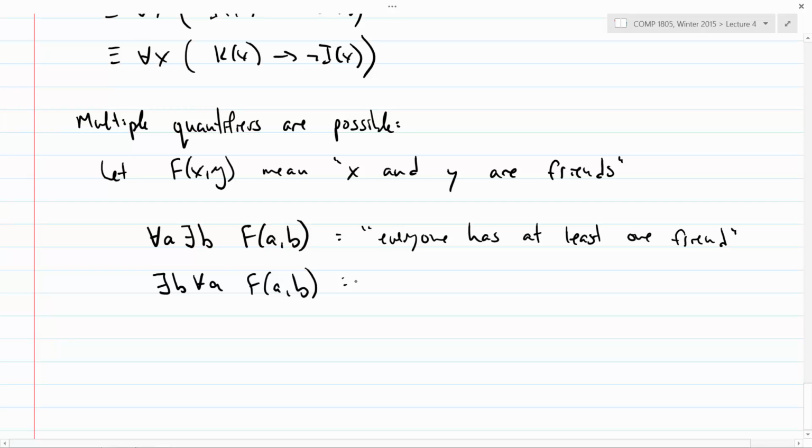No, what does this mean? Right, there's one person who's friends with everybody. So the order of your quantifiers matters. That's important.